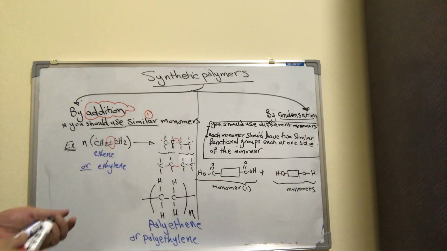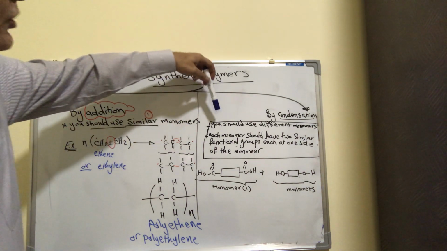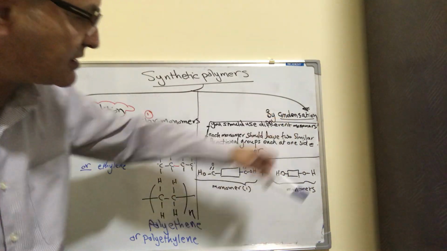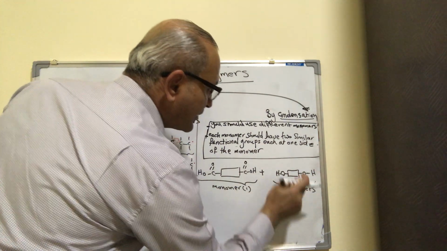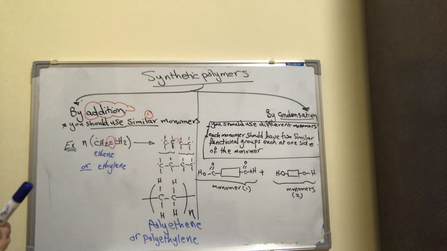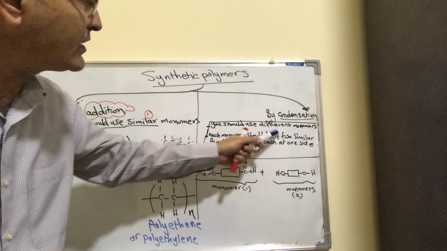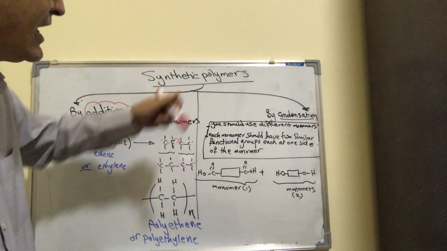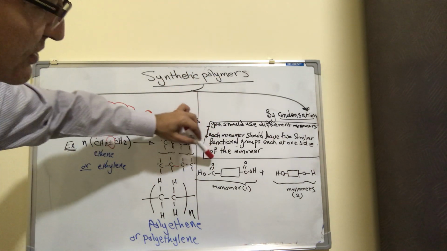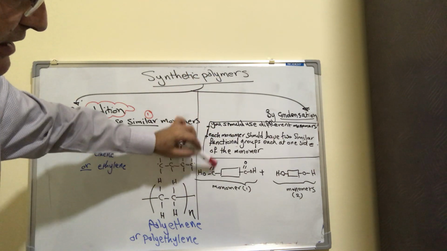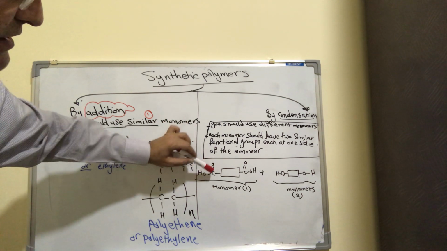But look carefully at what we did here. You should use two different monomers. This is, I think, an example of that. This monomer is different from this one. The second thing, each monomer should have two similar functional groups, each at one side. This functional group is the carboxyl group, if you remember it. C double bond OOH is called the carboxyl group.